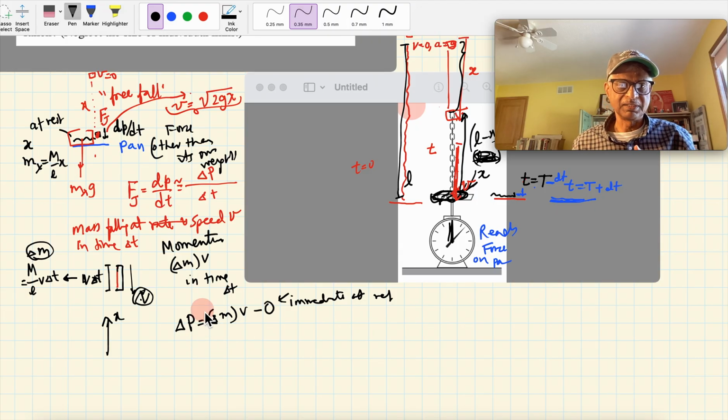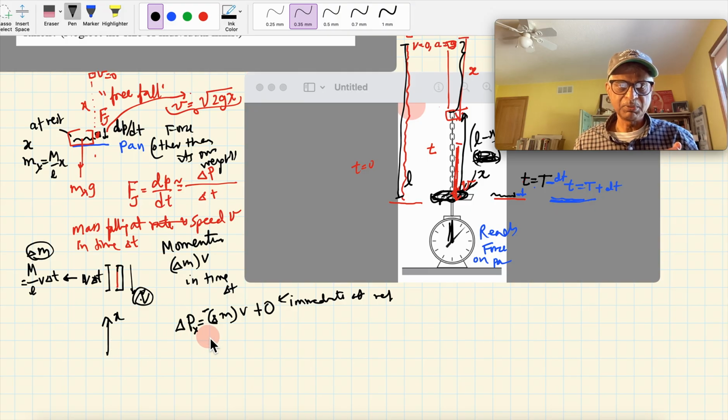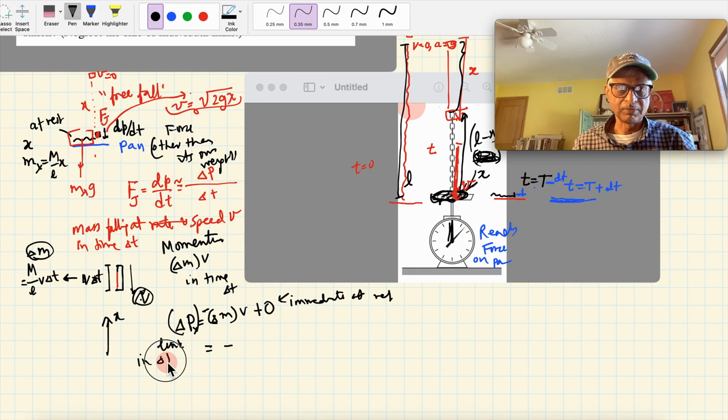And if you want to think about the direction of the force, this will be the momentum that will have changed for the link. So the link comes in and gets stopped, and this happened in delta t.